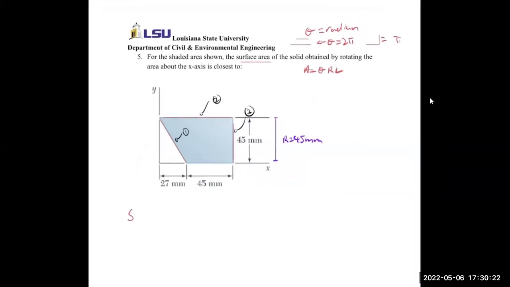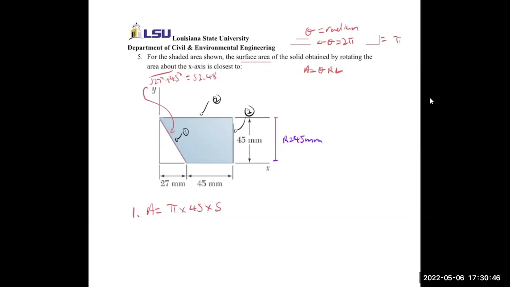So for 1, area is equal to theta, which in this case will be pi, multiplied by the radius 45, and also multiplied by this length right here. This length will be the square root of 27 squared plus 45 squared, and we're going to get 52.48.